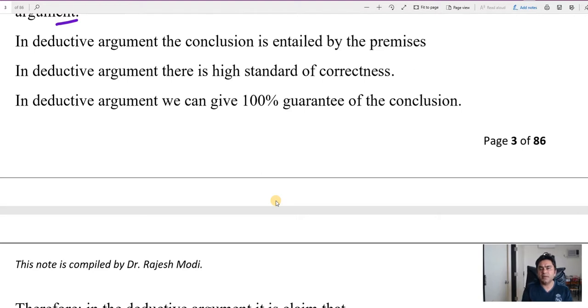Whatever sentences we write, from those sentences we develop a conclusion. In a deductive argument, there is a high standard of correctness, and we can give a 100% guarantee to the conclusion. But in inductive logic, we are not 100% sure.